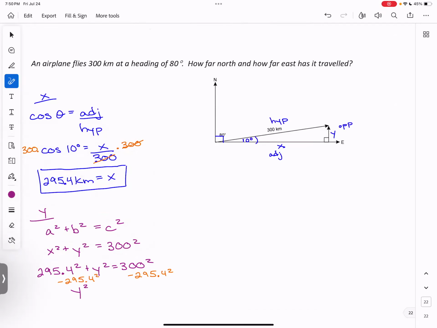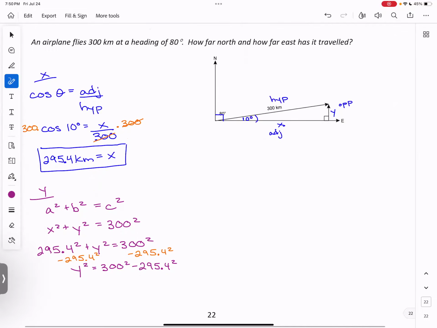And so y squared is going to be 300 squared minus 295.4 squared. And that gives me 2,713.832 or so on.